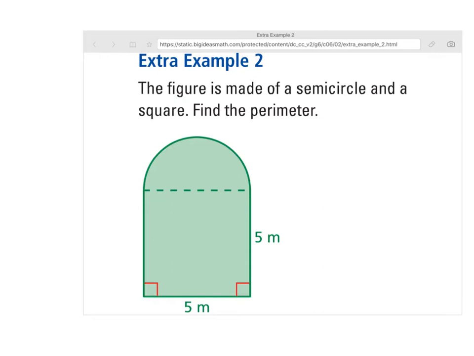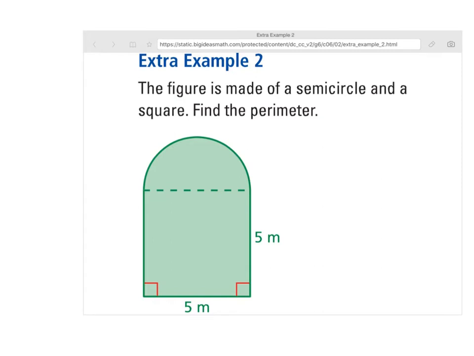Yes, you can see it's written down here. This is the same measurement here, 5 meters. So the circumference is the diameter times pi. So that would be 5 times 3.14, which would give you 15.7.